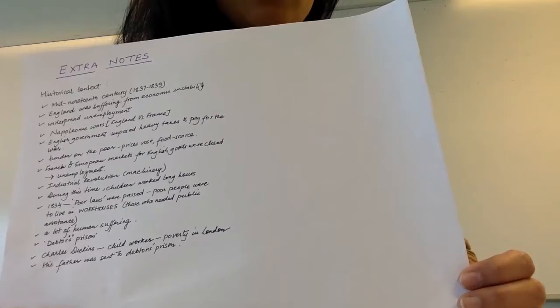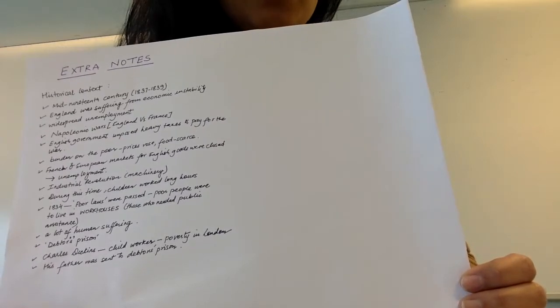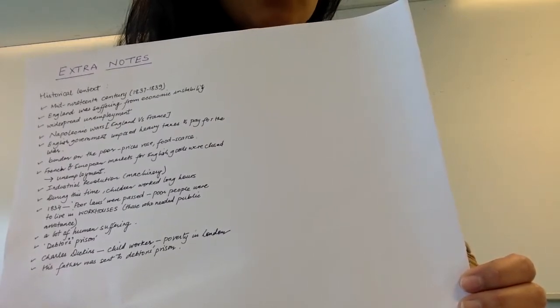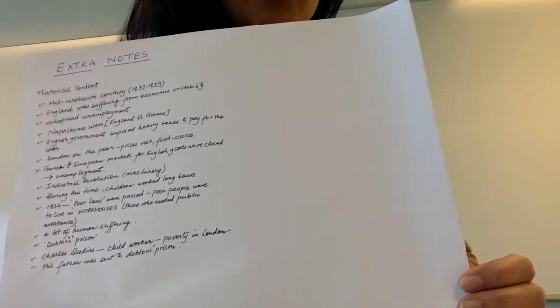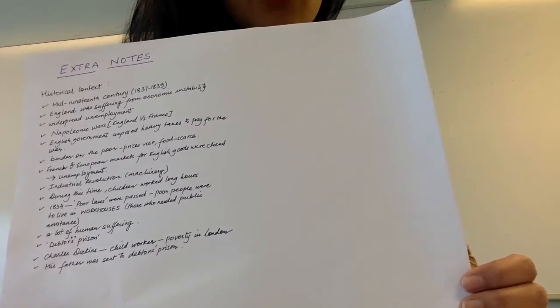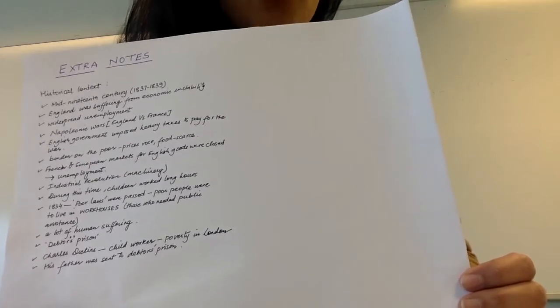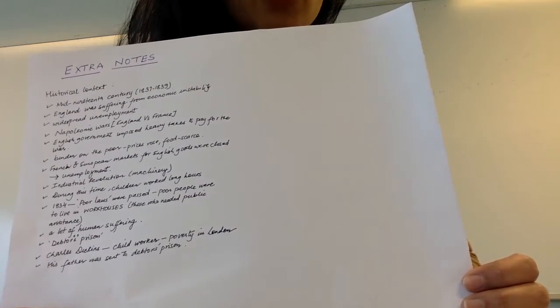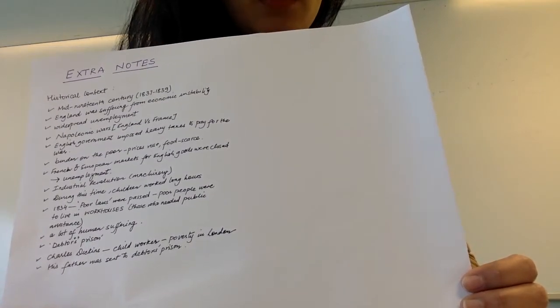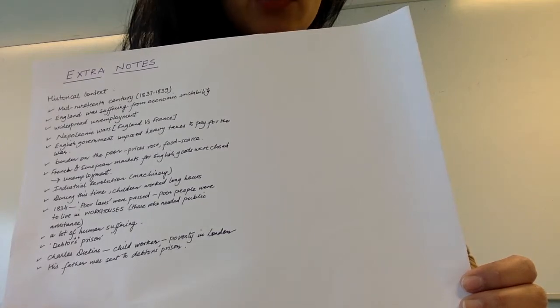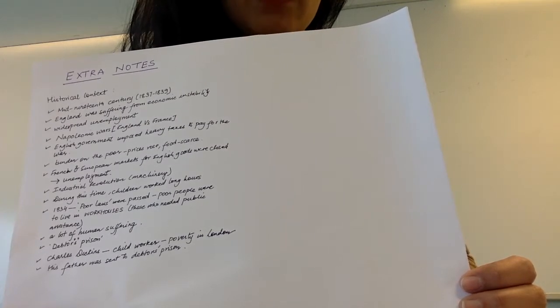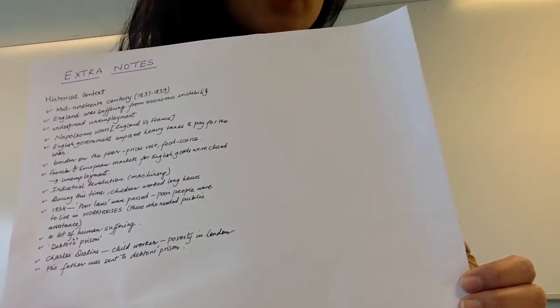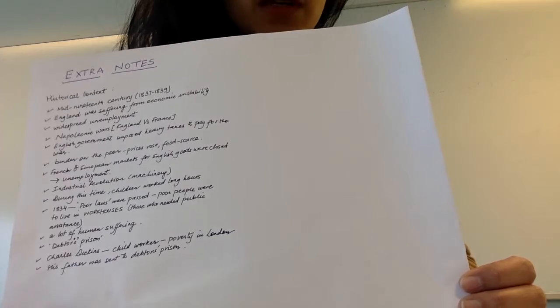And this did not affect the wealthy people, the rich people, but the poor people really suffered because prices of everyday goods rose, the food became scarce, there was unemployment, and the French and European markets closed for English goods, so people were unemployed and they had no jobs, no source of income.